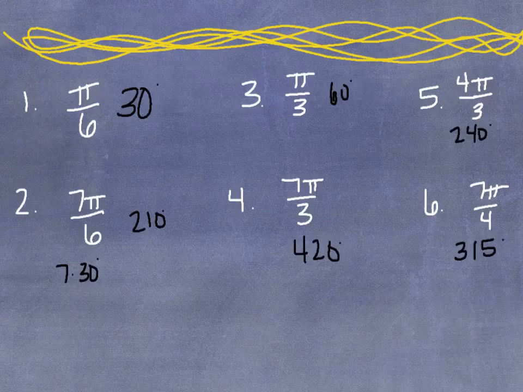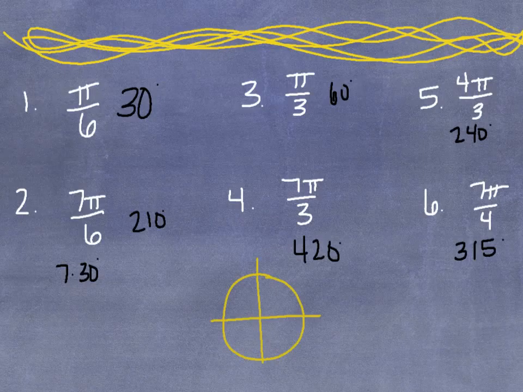If you're interested in hearing a little bit more, on a problem like number 4, 7 pi over 3, I want to explain a couple of these. So we're talking about thirds. So here's 0, a third would be 60, 120, 180, and then down. So I cut this into thirds on each half.